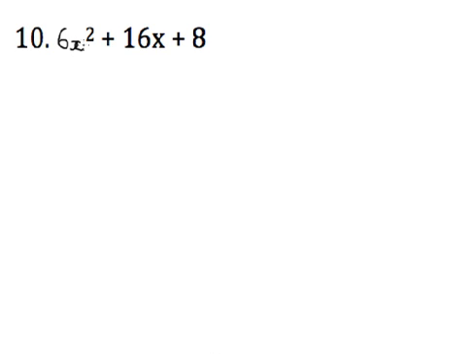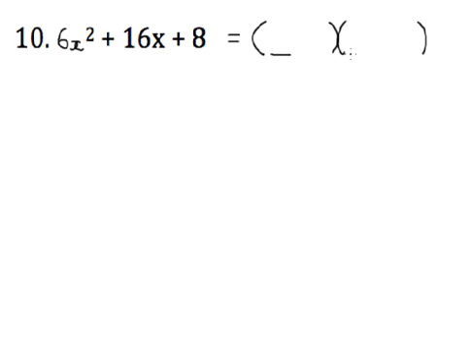So 6x squared plus 16x plus 8, and we need to factor that. Initially we might be looking for two numbers that multiply together to give 8. But if you look at the beginning term here, the number in front of the x squared is 6, which means that if I factor it directly into two binomials, I've got a lot of different possibilities.